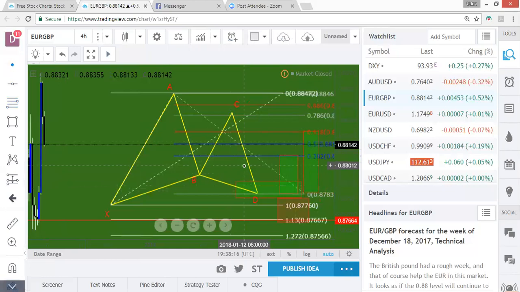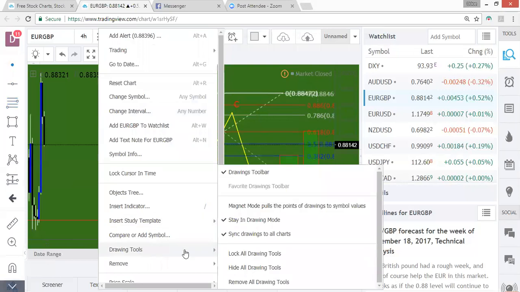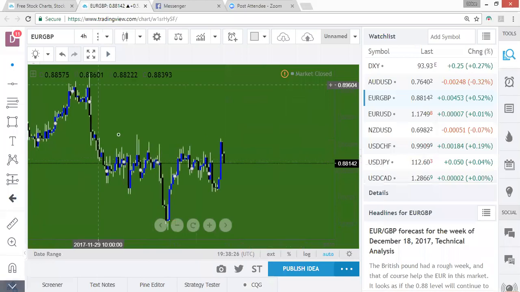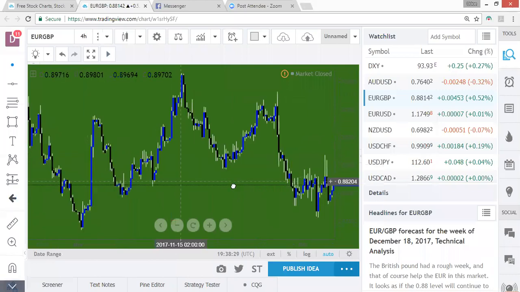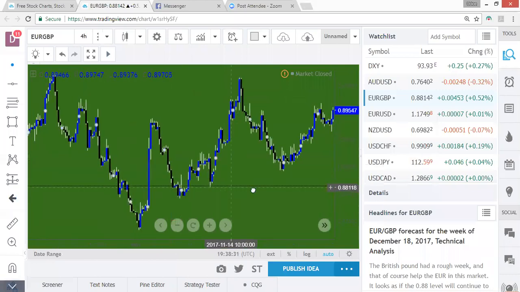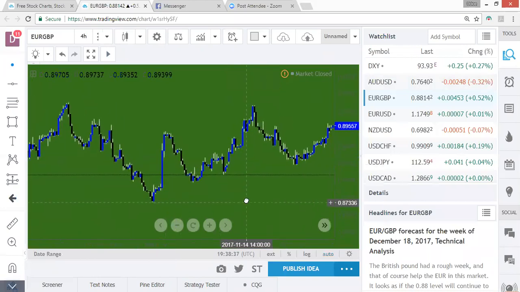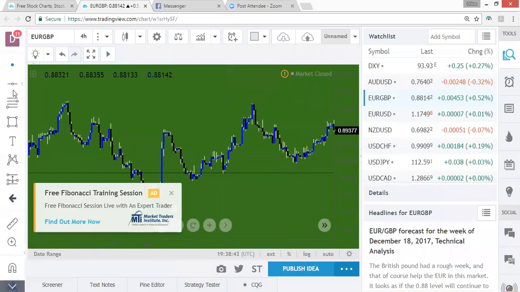Or not live, but all right. So I found one right here on this Euro Pound 4-hour chart. I don't know if y'all noticed it yet. See if you see what I see.